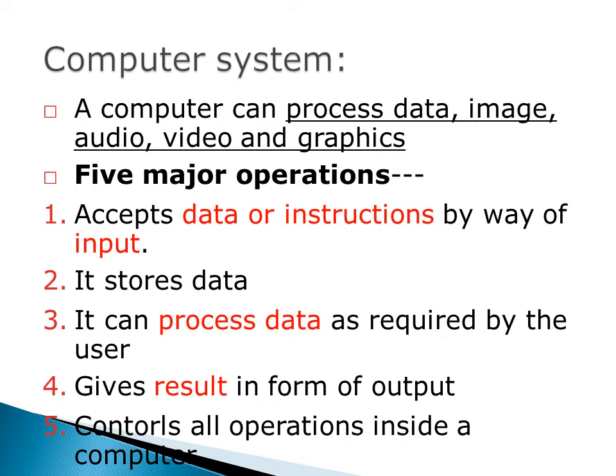Then we need to store that information, and it can process that data as required by the user. When the processing is done, the device is ready to give the output using the output devices. And the fifth major operation is that it controls all the operations inside the computer system itself. These five major operations are equally important for the entire computer system.